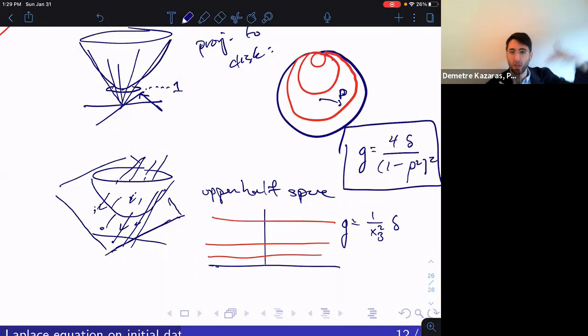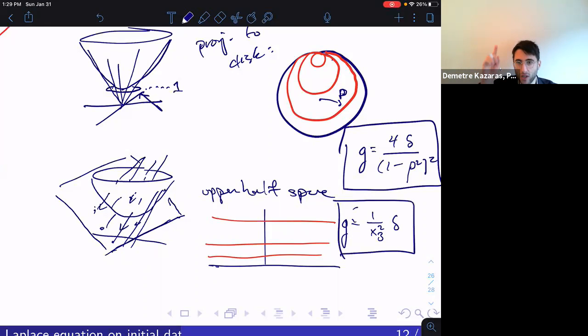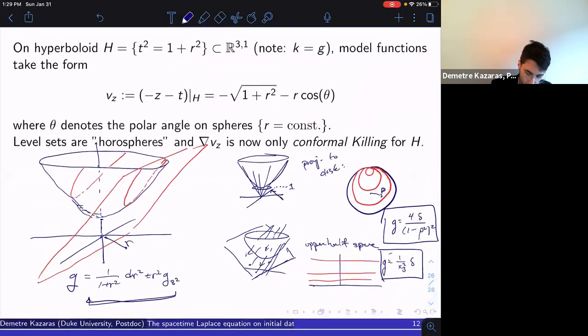That defines a projection to the upper half space, in which case the metric takes the form 1 over the vertical direction squared times the flat metric, also conformal to the flat metric. And the level sets of our model function are planes.